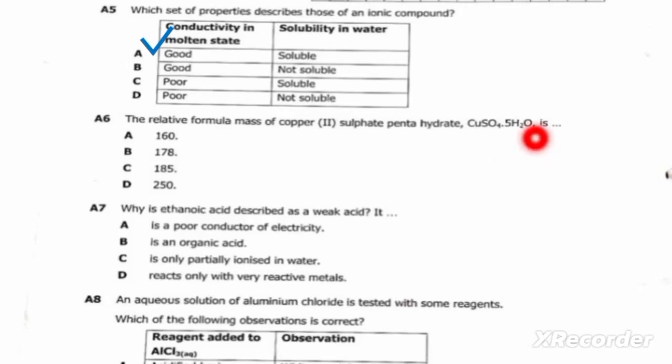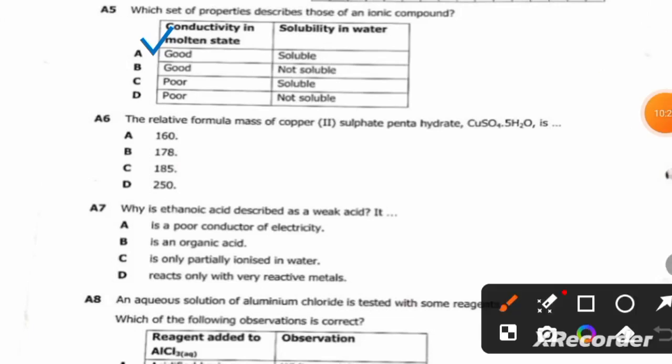How many atoms of oxygen do we have here? Here we have 5, here we have 4. We know that the mass number of oxygen is 16.